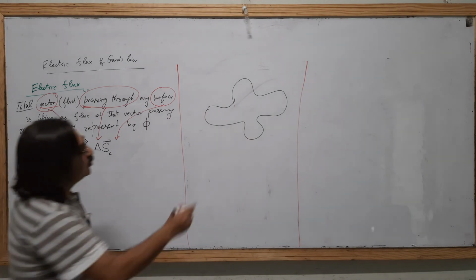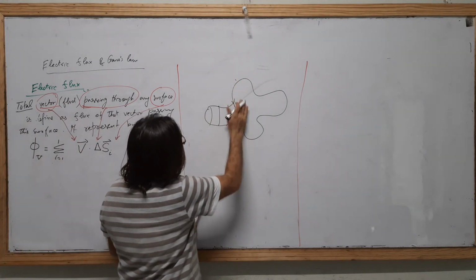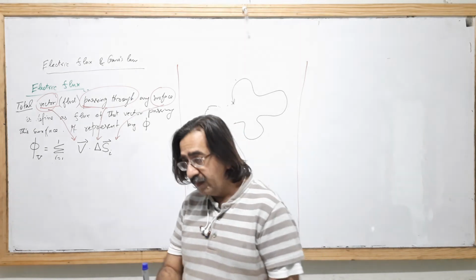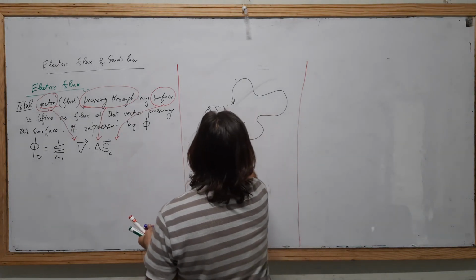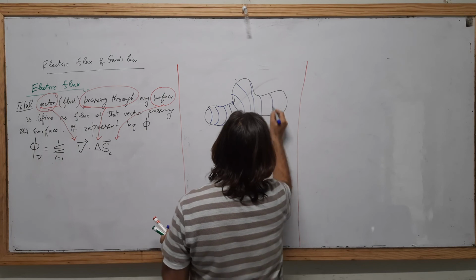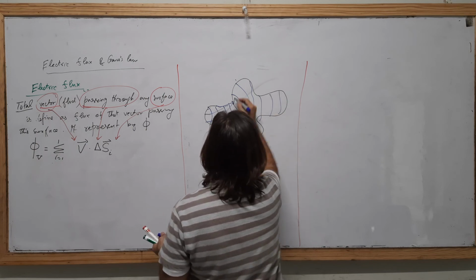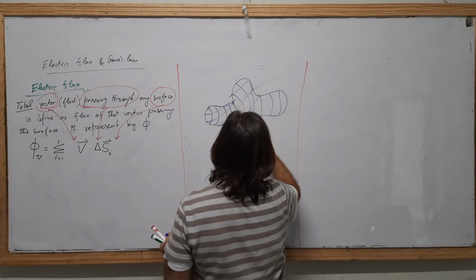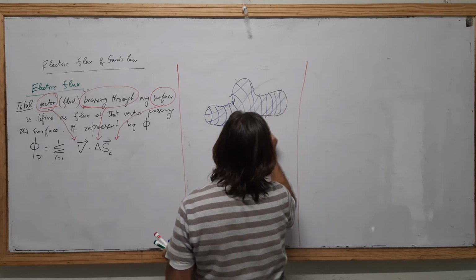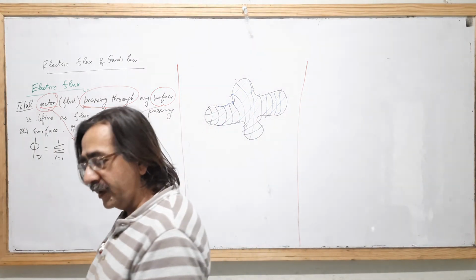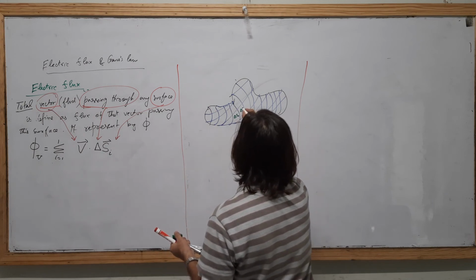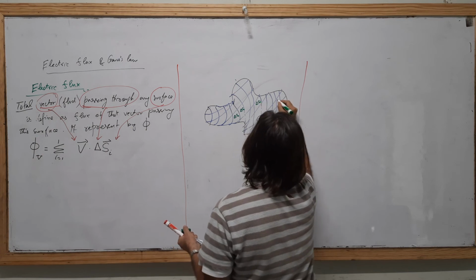And if I divide it into small patches, for example, this is delta S1, this is delta S2, this is delta Si, this is delta Sn.